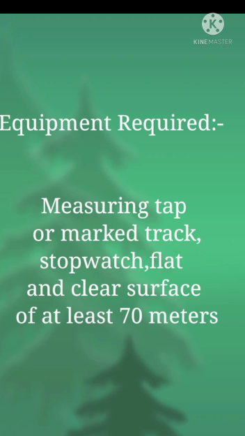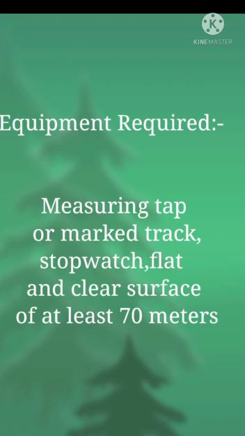Okay, next, serial number 4 is the equipment required part. In this part there are some things that are very important in this event that need to be right. For example, for the 50-meter standing start, the equipment required is, first, measuring tape or marked track.